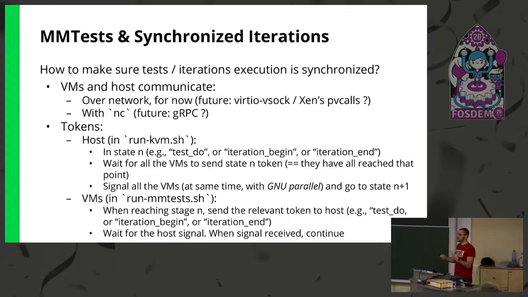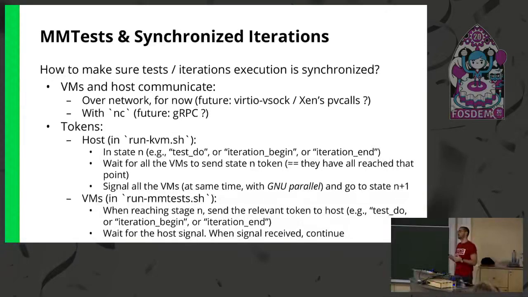And it's a token-based protocol. So basically, the benchmarks inside the VMs know that they can only go so far, until the point where they want to start an iteration of one of the benchmarks. And when they get to that point, they send a token to the host.